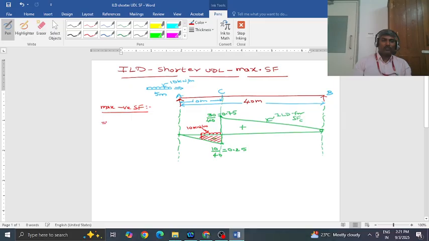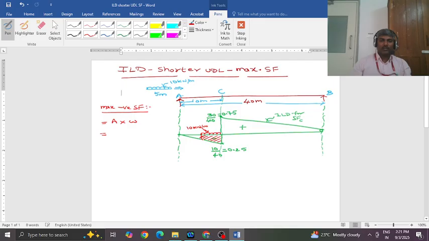So if you want shear force value from earlier lectures, you know that when there is UDL on ILD, so how to use ILD when there is a UDL? So it is simply area occupied by the UDL multiplied by the load value.